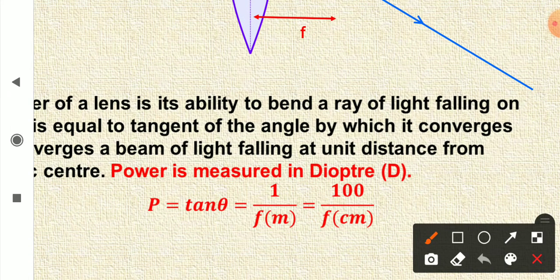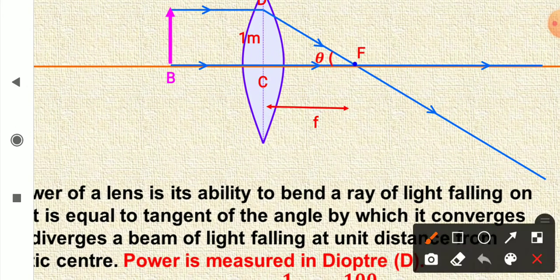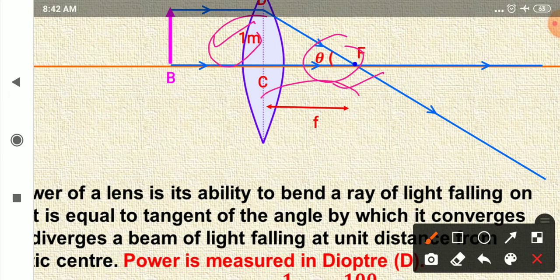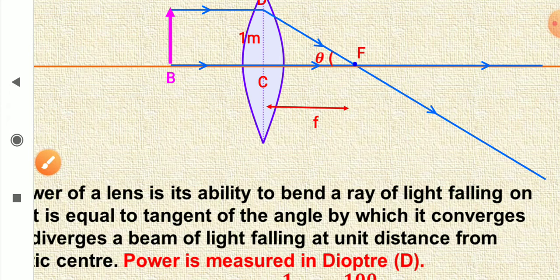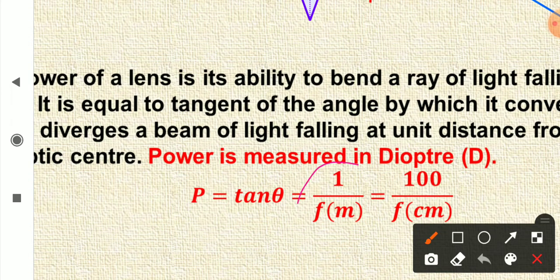So power is tan theta, and tan theta is altitude upon base, or perpendicular upon base. Now perpendicular is 1 meter, base is f meter. So power is 1 upon f in meter if focal length is taken in meter, or it is equal to 100 upon f when f is taken in centimeter.